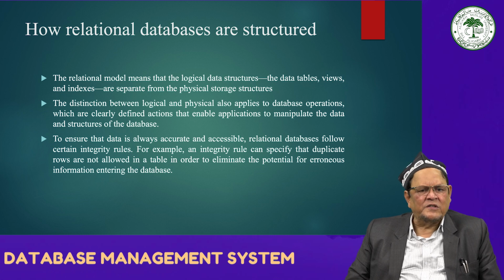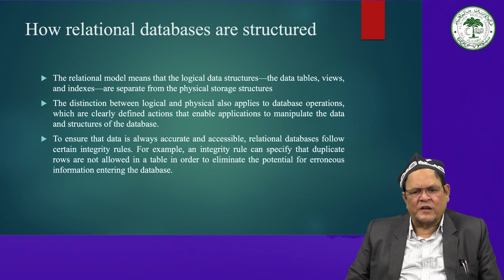This separation means that database administrators can manage the physical data store without affecting access to that data as a logical structure. For example, renaming a database file does not rename the table stored within it.